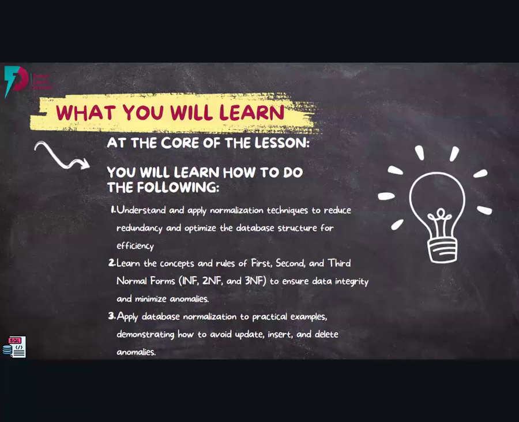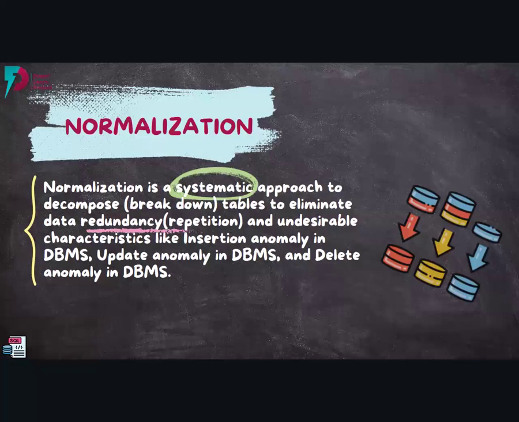All right, there. Now, last week we covered normalization and all the techniques to reduce redundancy and optimize the database structure. We say normalization is a systematic approach to decompose or break down tables to eliminate data redundancy, which means repetition, and undesirable characteristics like insertion anomaly, update anomaly, and delete anomaly in the DBMS, right?